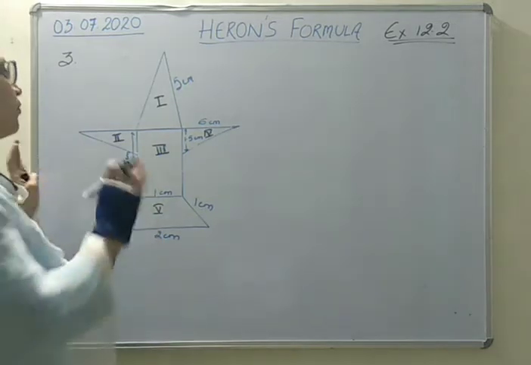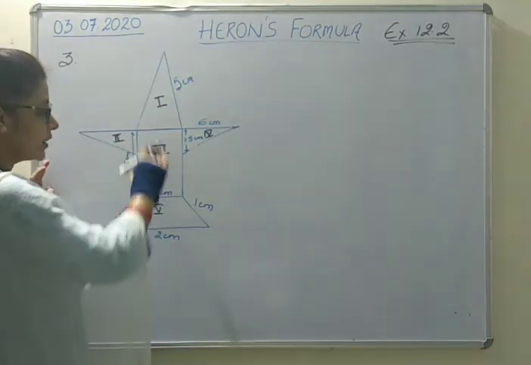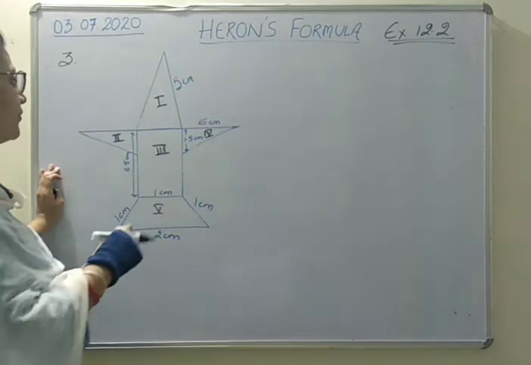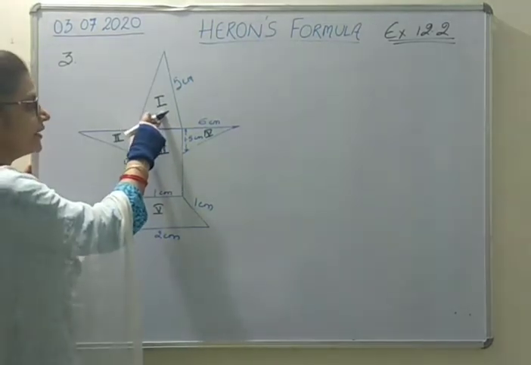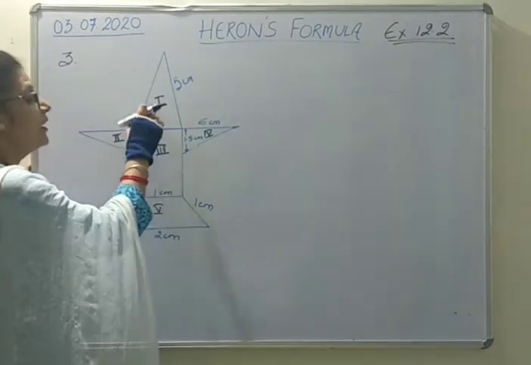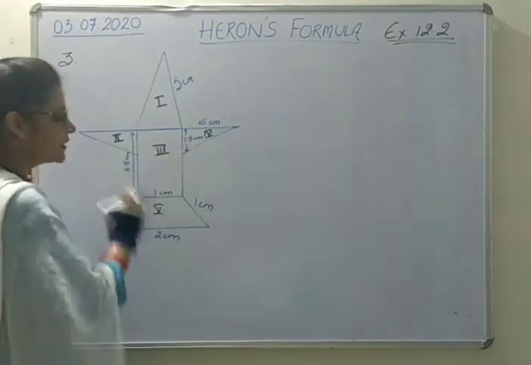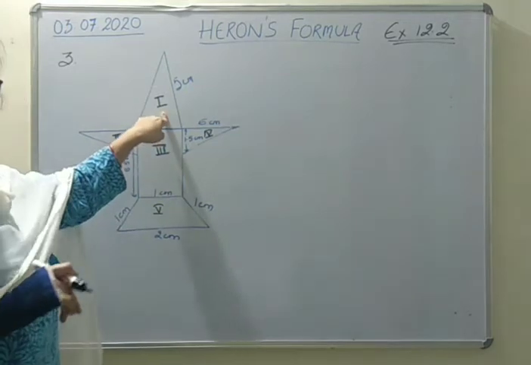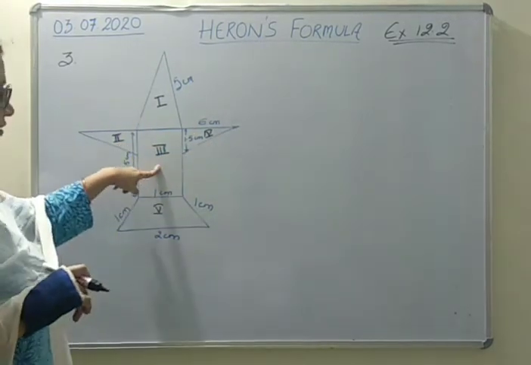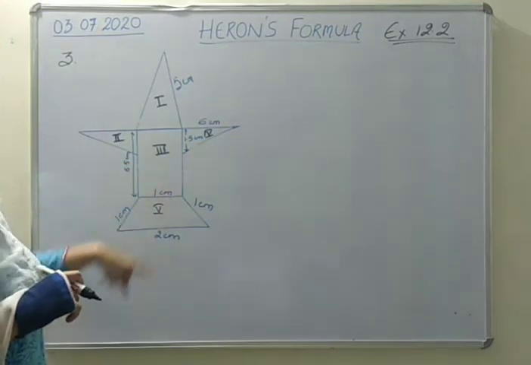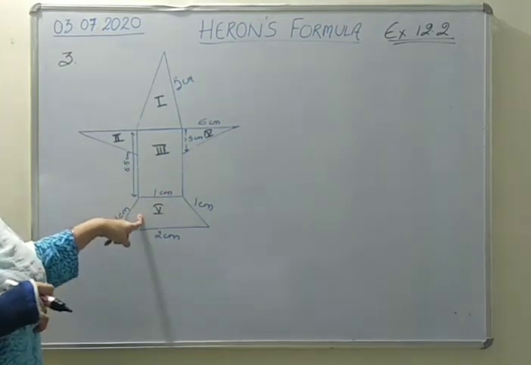So this picture of the aeroplane is made up of different portions. First we will find the area of all the separate regions. Now this is a triangle. Again these two are triangles. This is a rectangle and this is a trapezium.